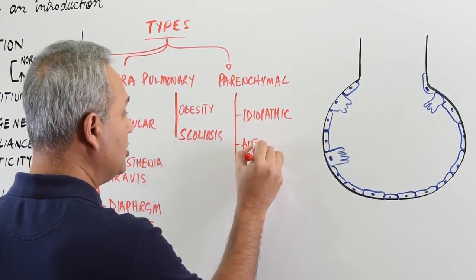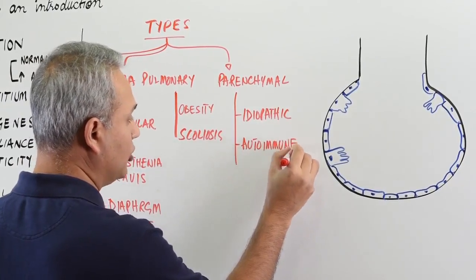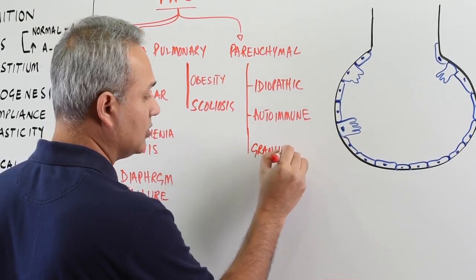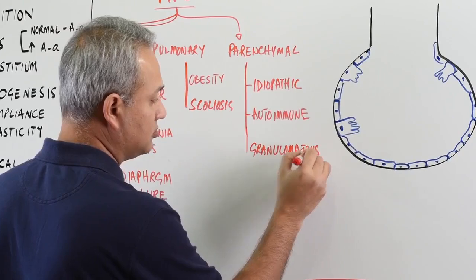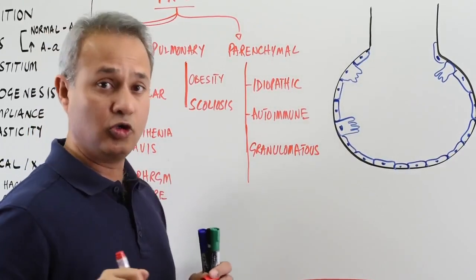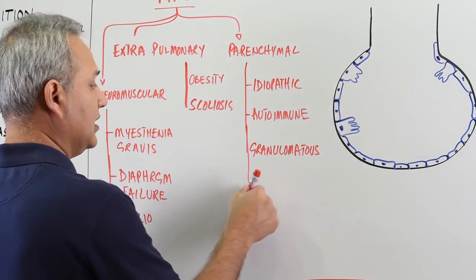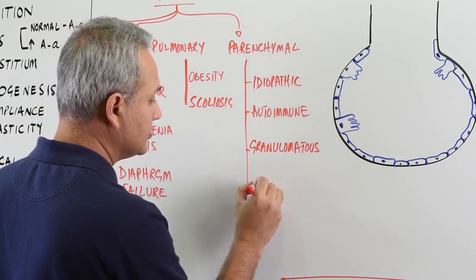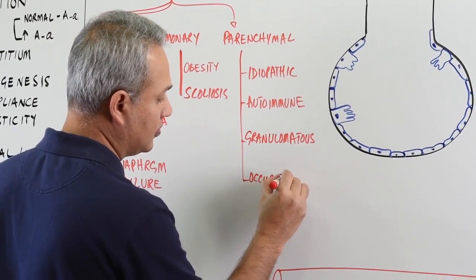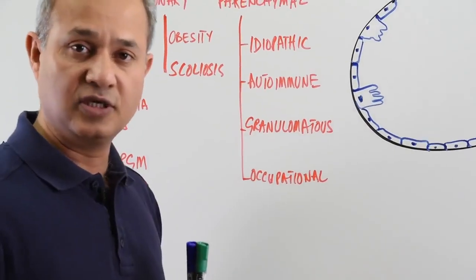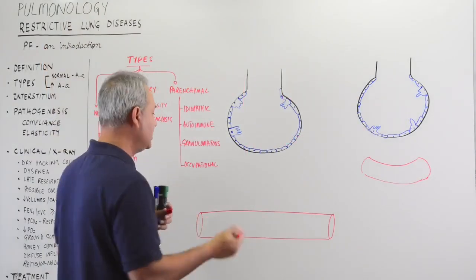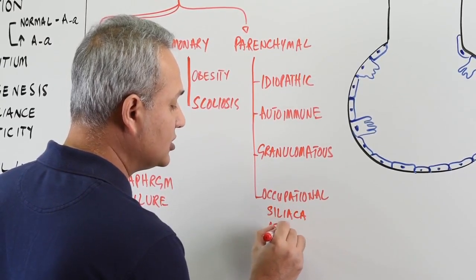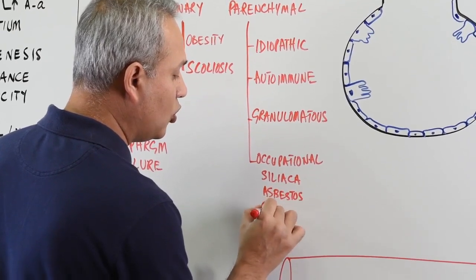These can be autoimmune, granulomatous diseases, for example, Wegener's granulomatosis or sarcoidosis, and similarly occupational diseases where we could have pneumoconiosis or the minerals like silica, asbestos, coal, and so on.